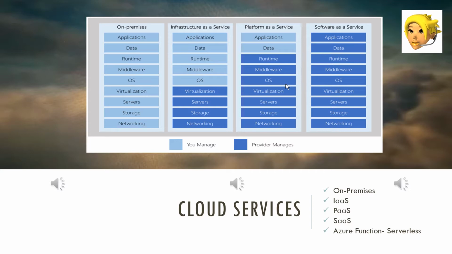It aims to give you complete control over the hardware that runs your application. Instead of buying the hardware with IaaS, you rent it. So there will be no capital expenditure, and the user has no upfront cost.